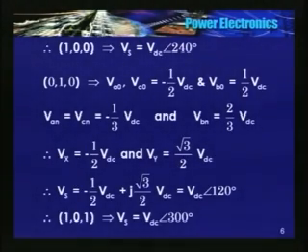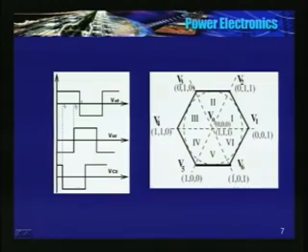What sort of figure do we get? See, for 0, 0, 0 or 1, 1, 1, we are at the origin. For 0, 0, 1, only phase A is on. So the magnitude is VDC and it is along the x axis. The angle is 0. For 0, 1, 1, the vector is making 60 degrees.